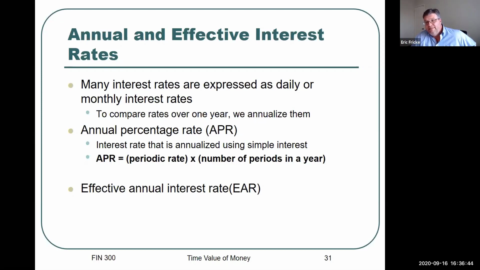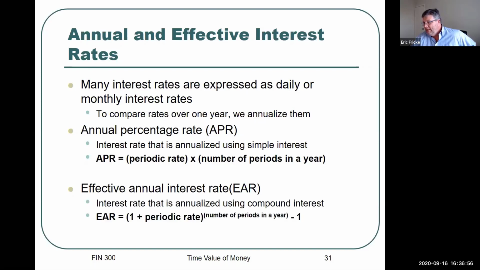The effective annual interest rate will tell you how much your debt will grow over time, assuming that your interest gets put back into how much you owe. That's calculated using this equation here. The EAR, effective annual rate, is 1 plus the periodic rate, to the power of the number of periods per year, and then all of that minus 1.